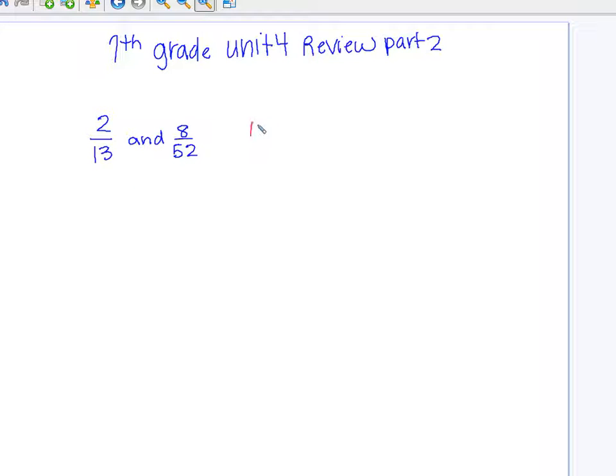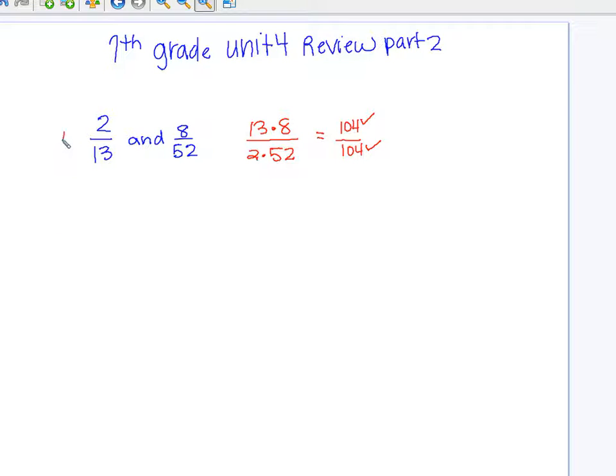You could also take 13 times 8 and then take 2 times 52, and if they come out to be the same answer, then they're proportional. So 13 times 8 would be 104, and 2 times 52 would also be 104. So it is. It's proportional.